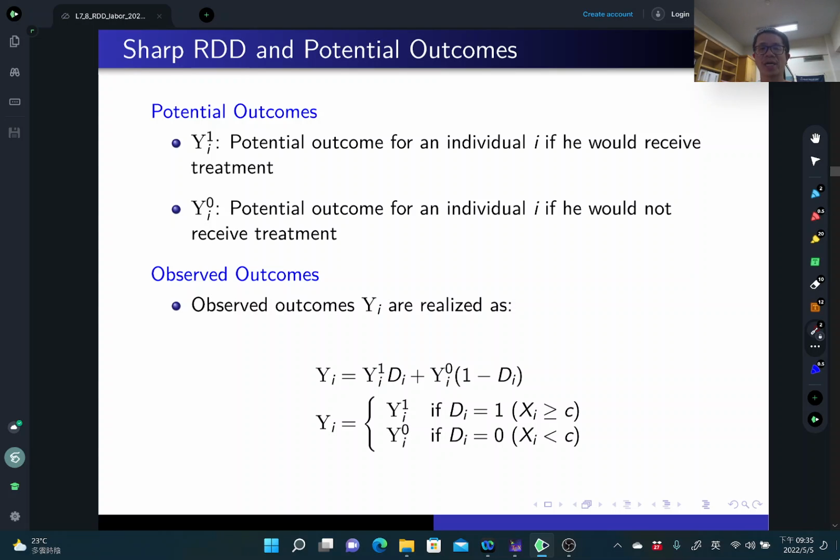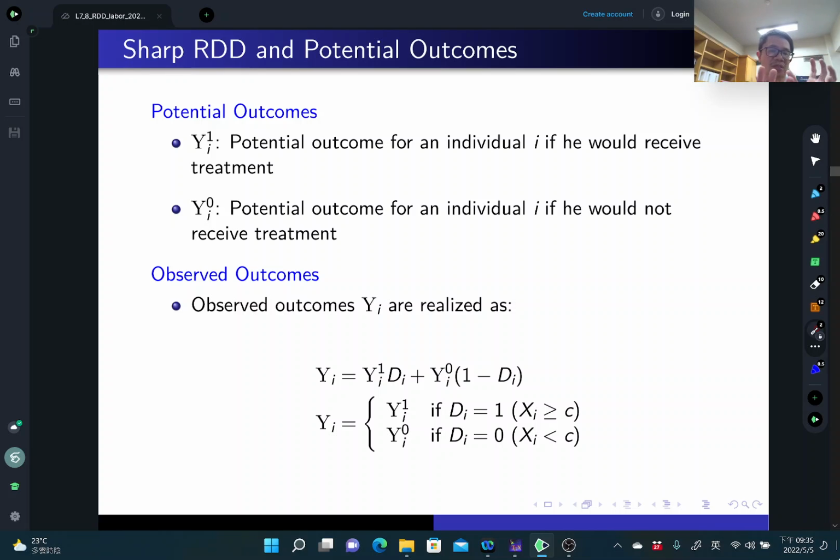In our alcohol case, it is the hypothetical mortality outcome if this person can drink alcohol legally, that means after the 21st birthday. And Y0 is the other potential outcome, meaning this person does not receive any treatment. So Y0 is the outcome if they do not get any treatment. In the alcohol example, it is the hypothetical mortality if this person cannot drink alcohol legally.